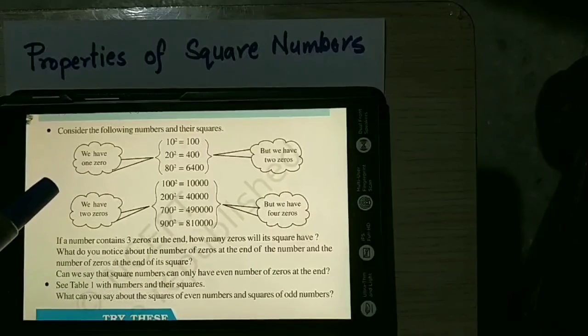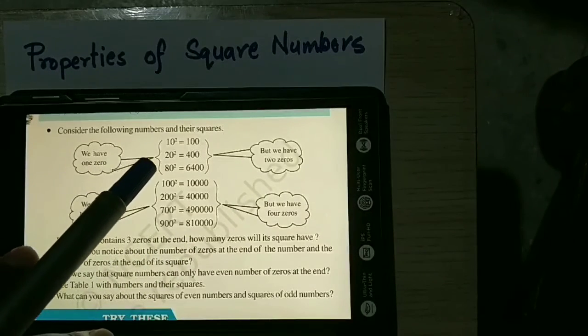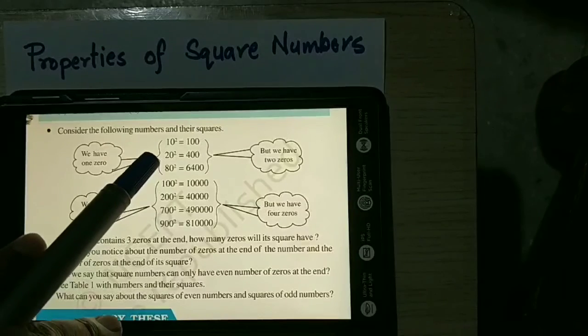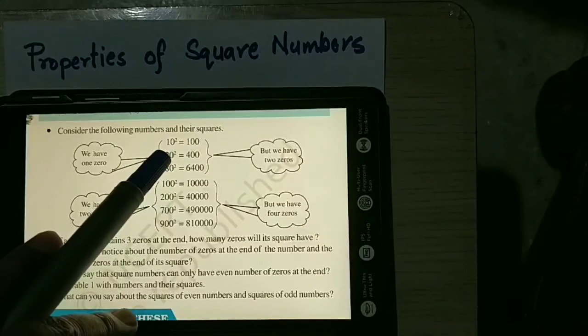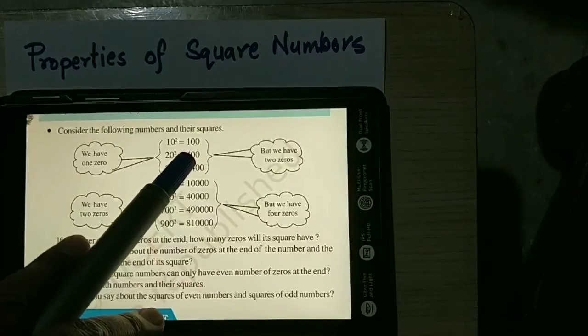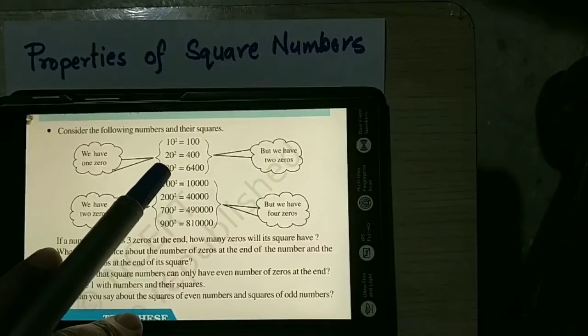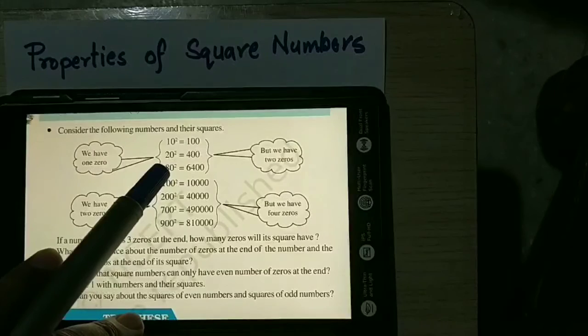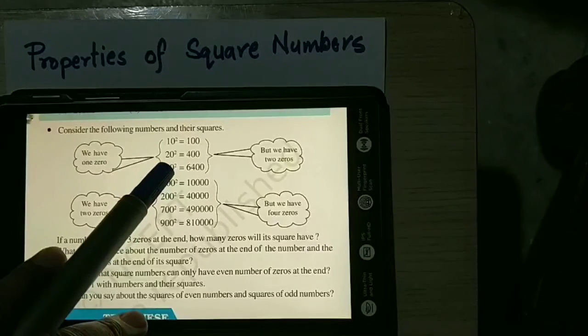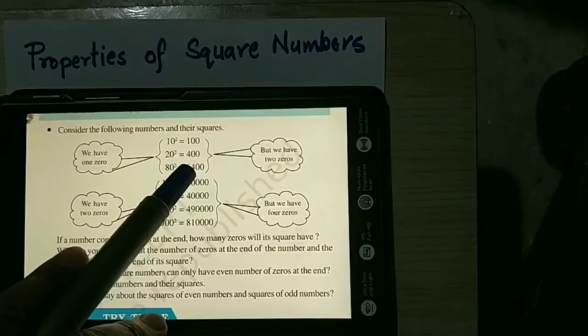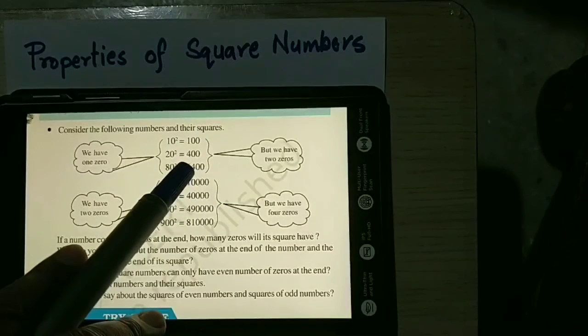If we see these numbers, 10 has one zero and its square has 2 zeros. Again, in 20 there is one zero at the end, but in its square there are 2 zeros.